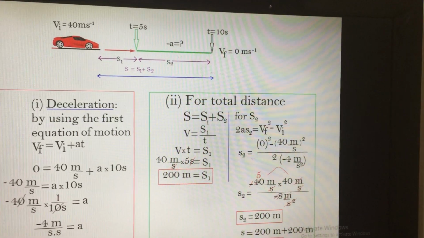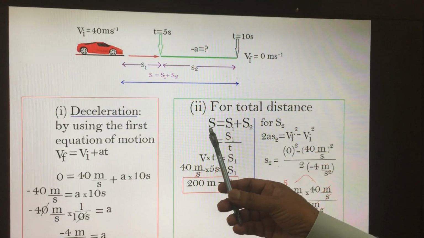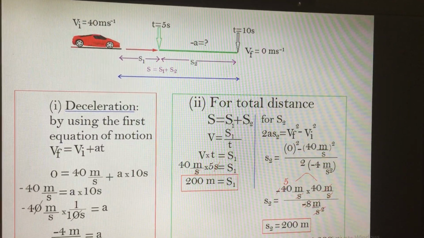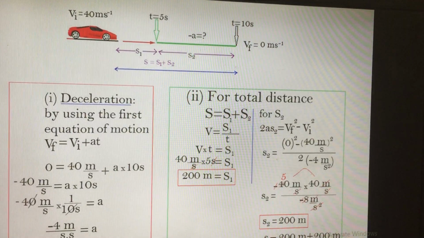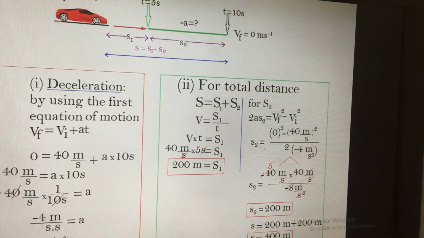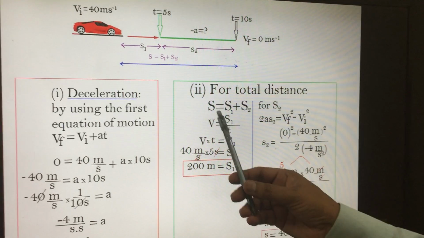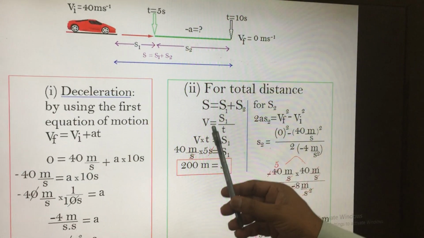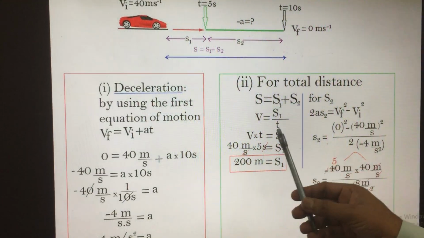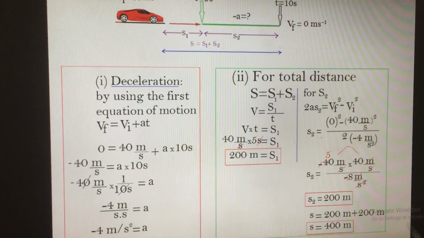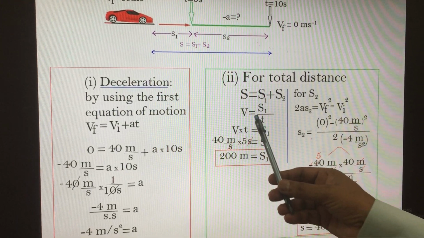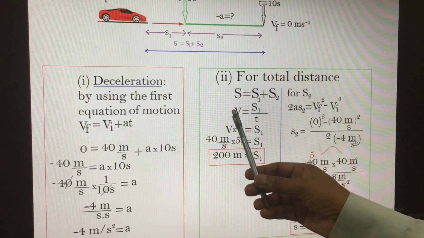Secondly, we need to calculate the total distance, and total distance is equal to S1 plus S2. As I told you already, for S1, when it moves with 40 meters per second, we will use the very simple equation of velocity: V is equal to S over T. So V equals S1 over T, right? Now if we calculate the value of S1, this t is dividing, so it will go to the other side and multiply.